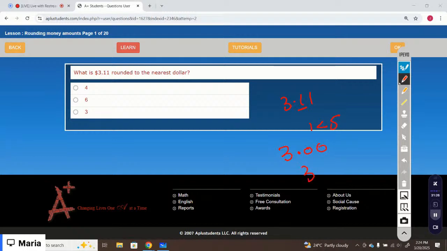So it would be rounded to 3. The correct option is 3.